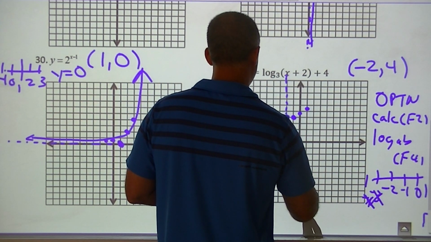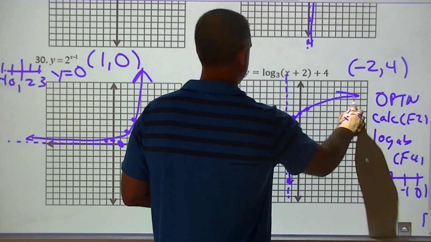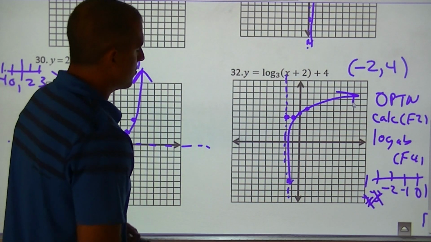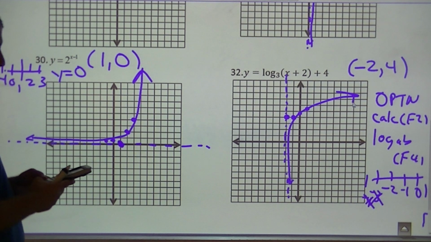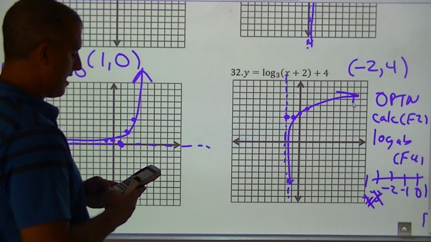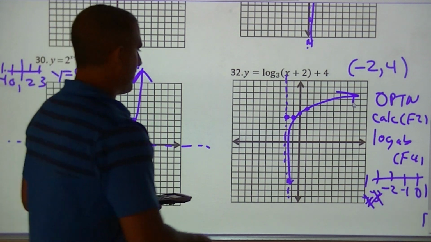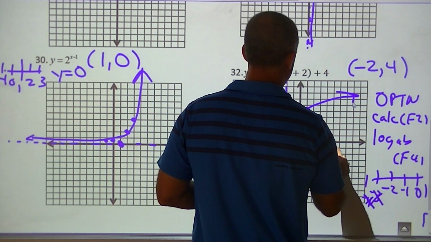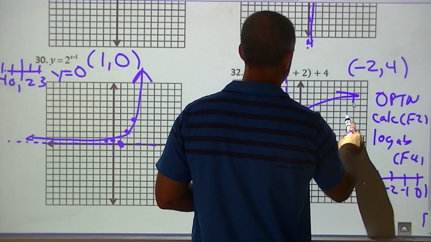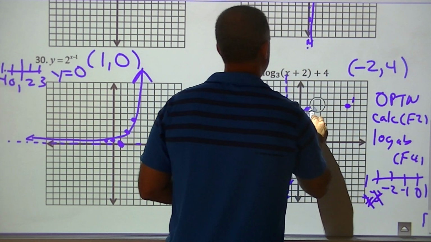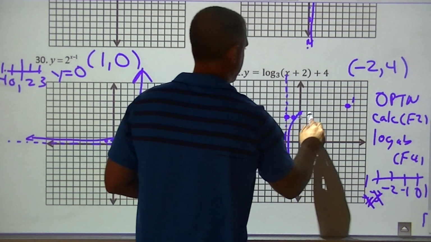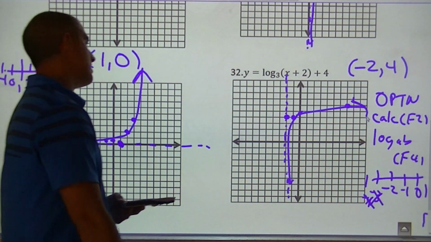So what that's going to look like, it'll look like that. If you wanted to graph another one, you could see that on there as well. You could keep going, 5, 6, 7, and that would work as well. The bottom line is, you got to know these shapes.